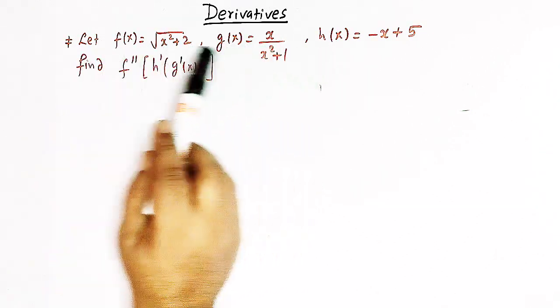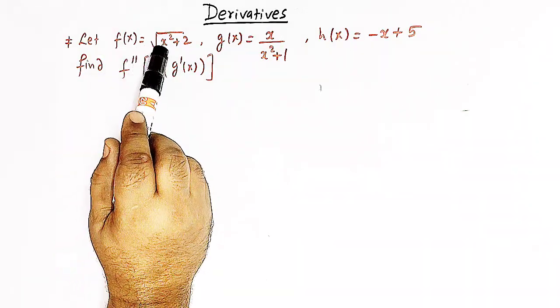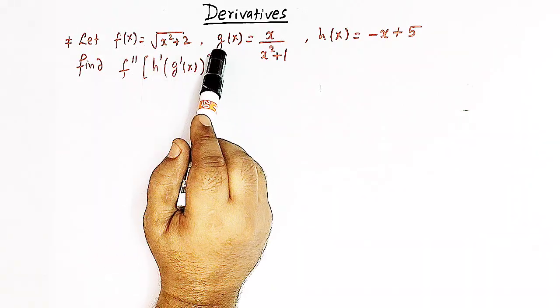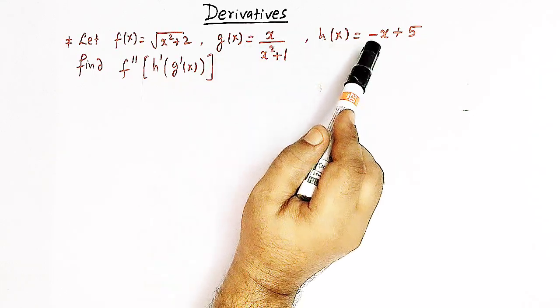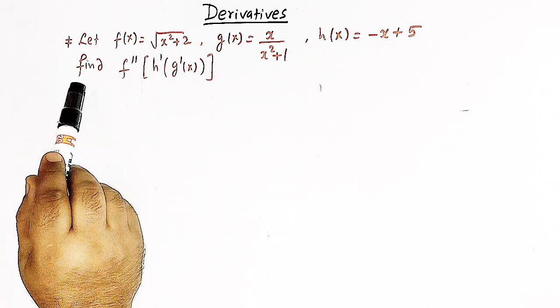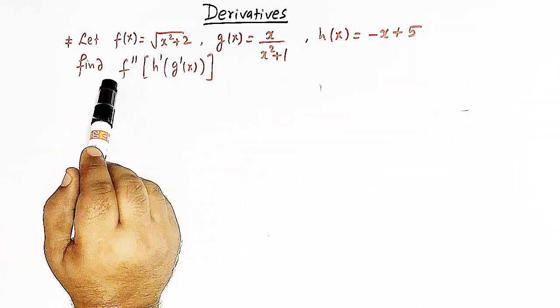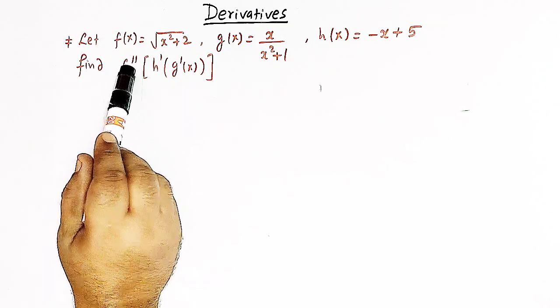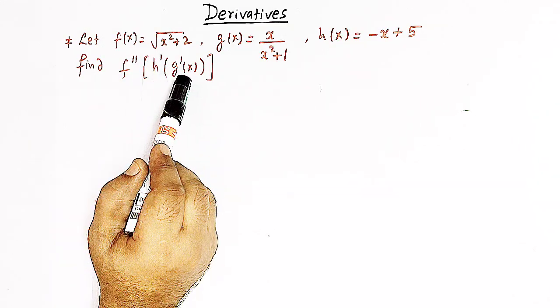Here we are given three functions: f of x equal to square root of x square plus 2, g of x equal to x over x square plus 1, and h of x equal to minus x plus 5. And here we have to find the value of this expression, that is f double prime of h prime of g prime of x.